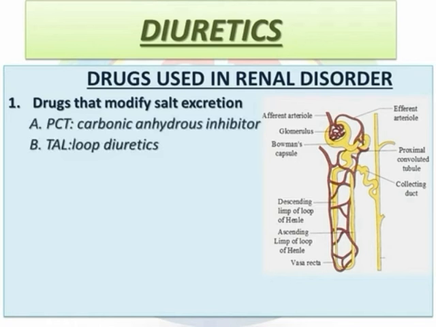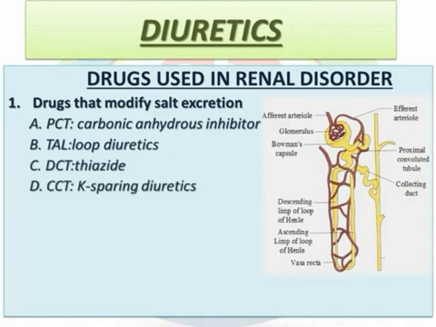Next we see some uses of the loop diuretics. These loop diuretics are used in edema, acute pulmonary edema, and also in cerebral edema, hypertension, hypercalcemia, kidney stone, and forced diuresis in poisoning. The loop diuretics, examples are ethacrynic acid and furosemide.